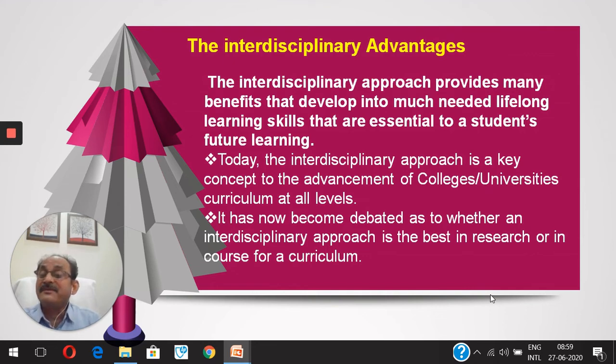This minor program in civil engineering is connected to the major degree of computer science. So you get two degrees, a major and a minor, and that is under interdisciplinary. This approach is very important in future also, by taking different types of knowledge in different areas. So the interdisciplinary approach is very important nowadays in the CBCS system also.